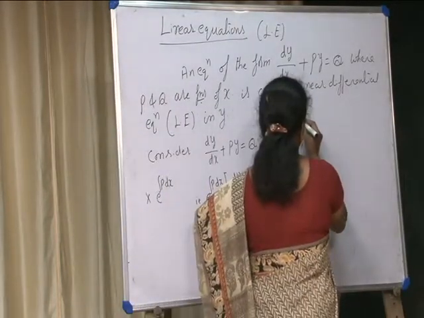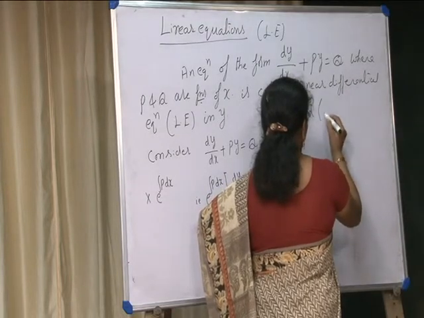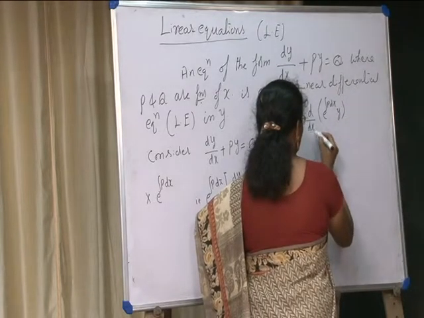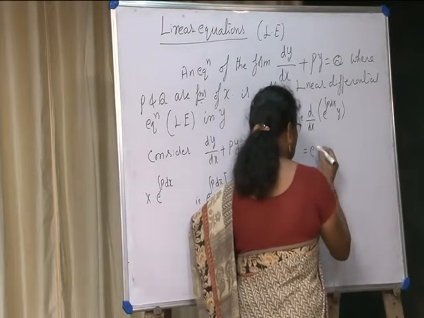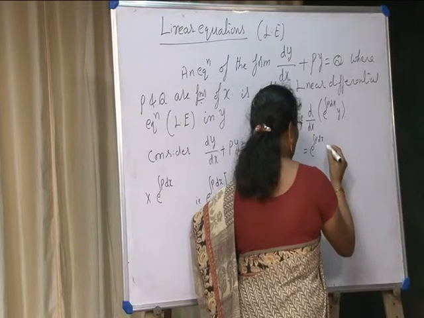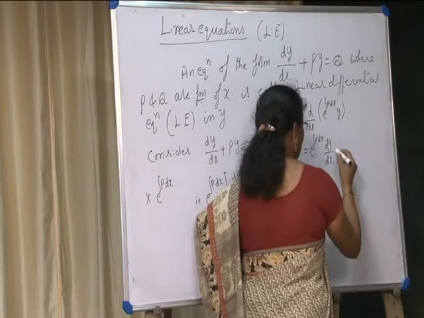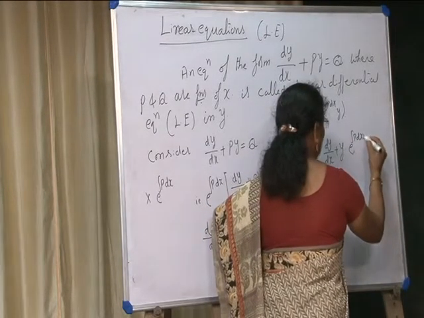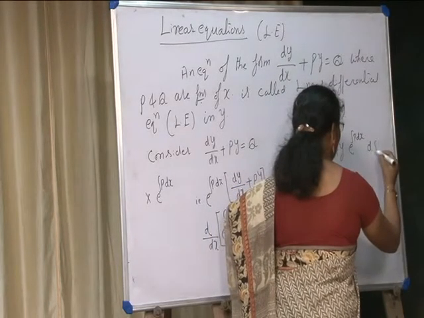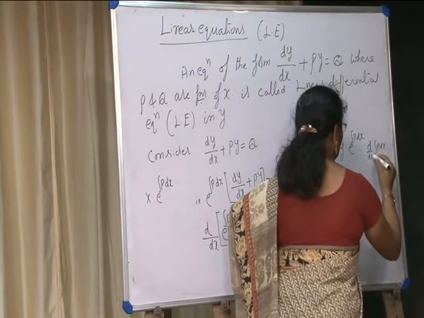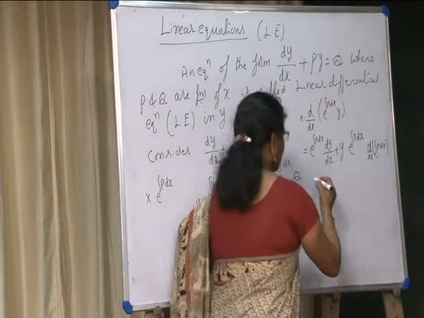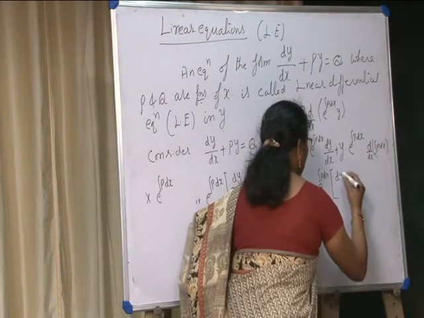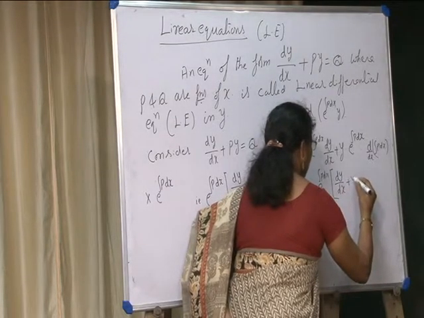Just see that the derivative of e to the power of integral of p dx into y with respect to x, by the product rule, is equal to e to the power of integral of p dx dy by dx plus y p.